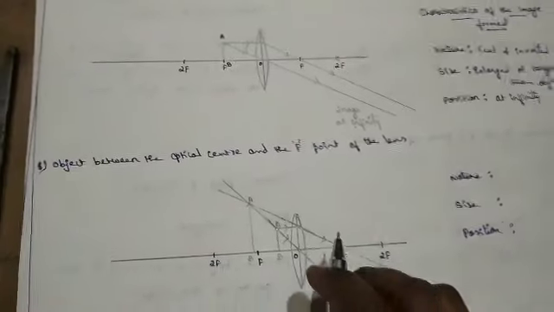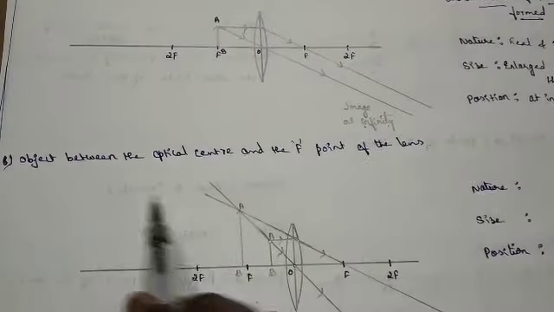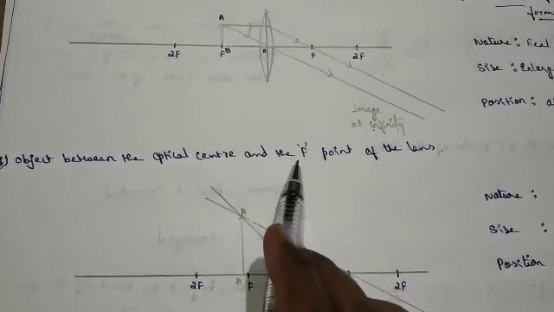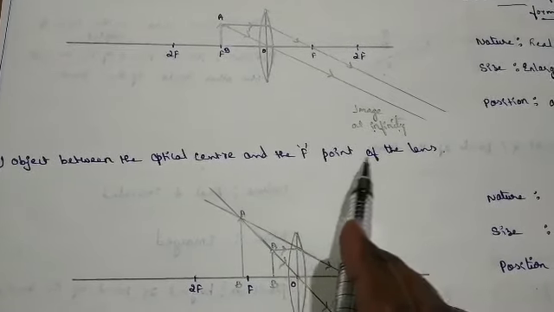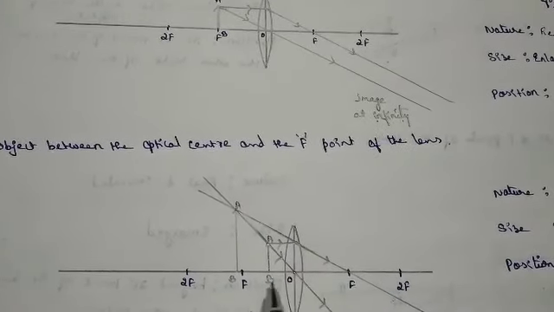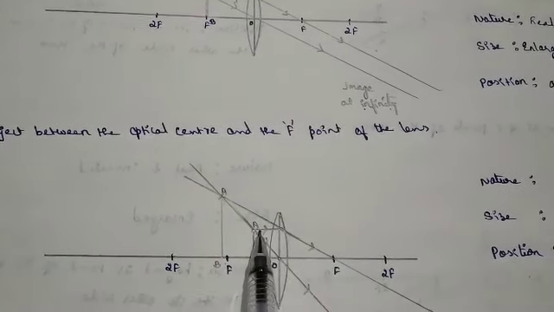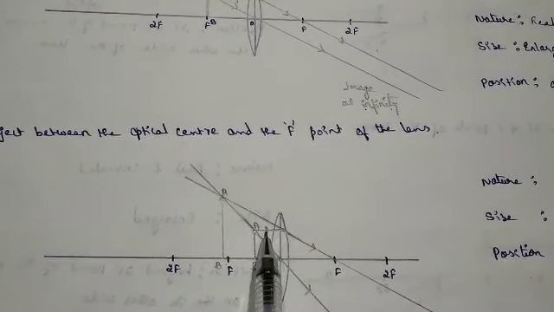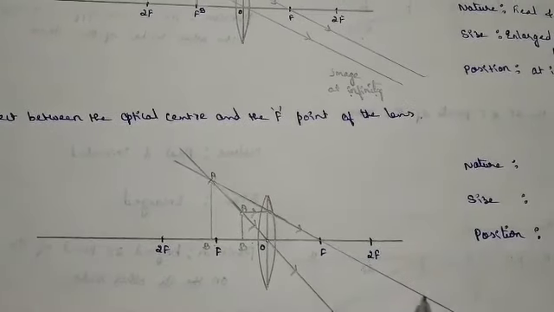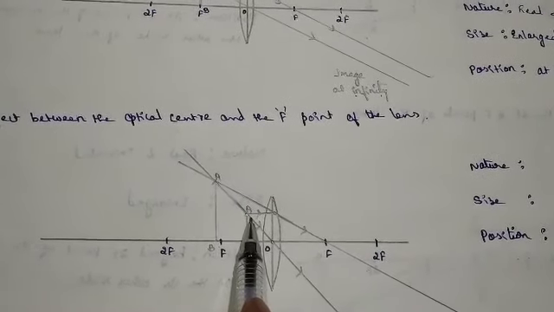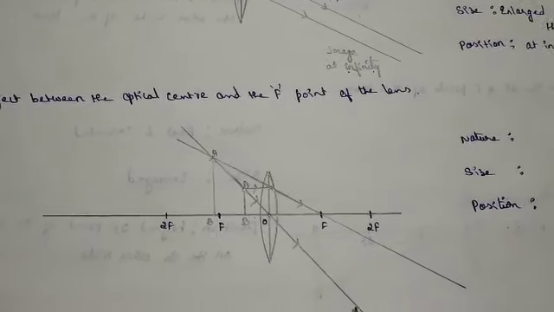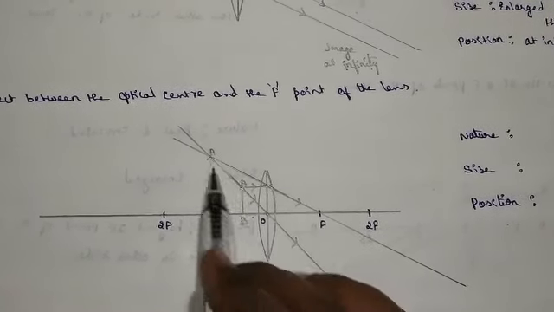Next, the last case, sixth case, object between optical center and the focus point of the lens. So the object AB is placed between F and O here. One incident ray is parallel to the principal axis. We know that it passes through the focus. The other passes through the optic center, which gets undeviated here children.